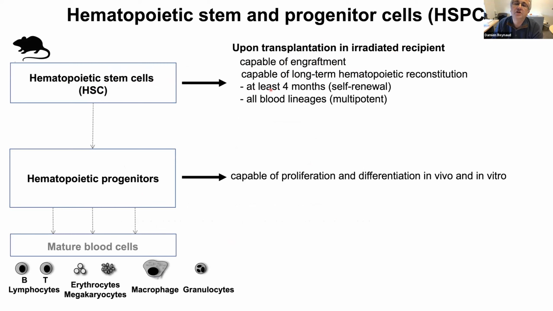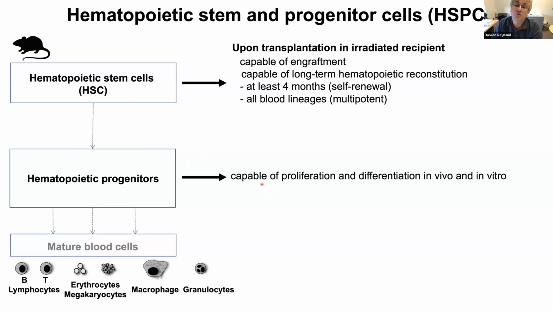The classical definition is that these cells have to be able to ensure at least 4 months of reconstitution, which is a proof of their self-renewal ability. These cells also have to be multipotent, and they have to contribute to the reconstitution of all blood lineages in the irradiated recipient.